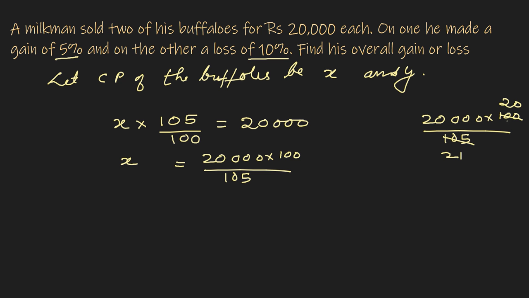Here you can divide both numerator and denominator by 5. So numerator will be 20,000 into 20 divided by 21.